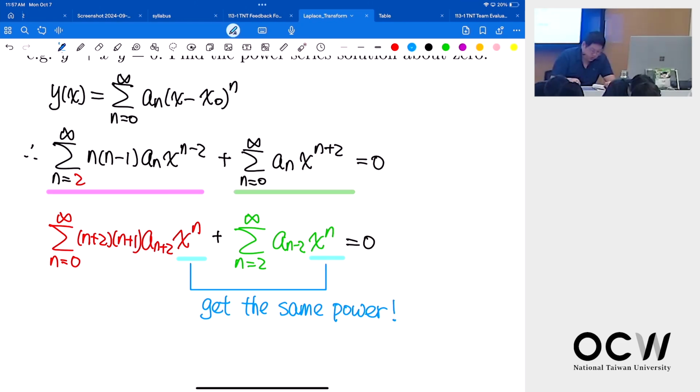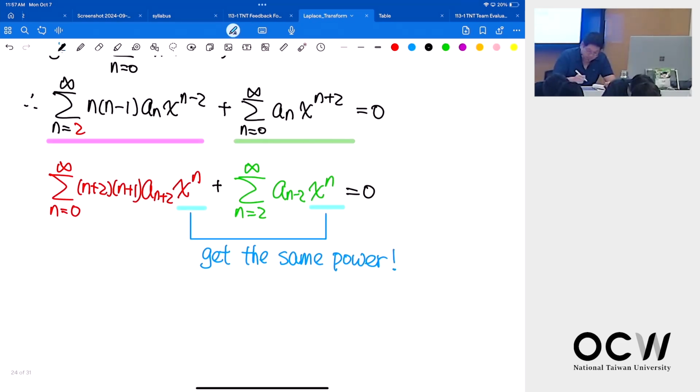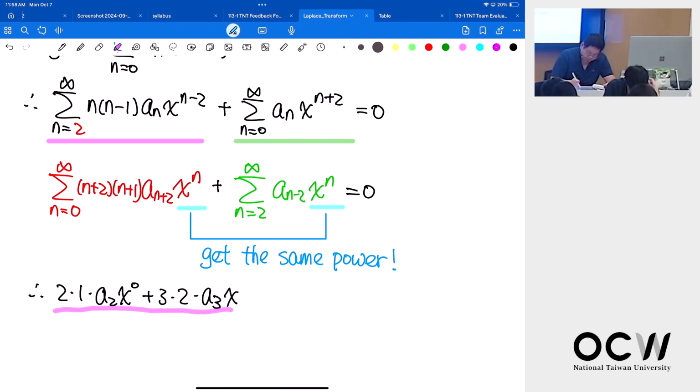So that will be 2 when n equals 0. That will be 2 times 1 times a2 x to the 0. When n equals 1, I have 3 times 2 times a3 x. So this term is n from 0 and 1.